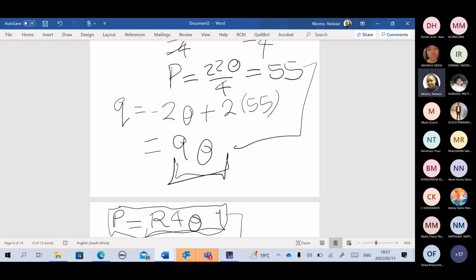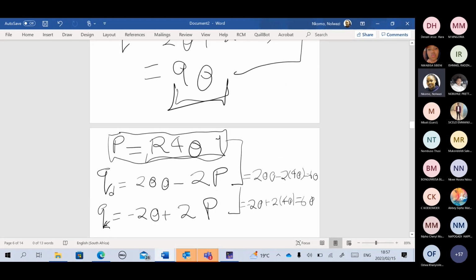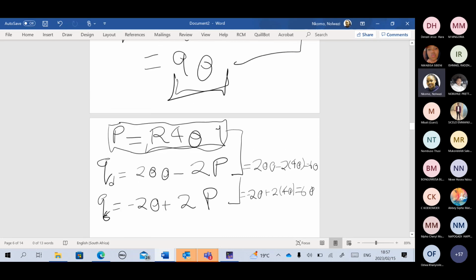But now the price ceiling was introduced, and the equilibrium price was reduced to 40 rand from 55 rand. And if this is the case, that means our quantity demanded is now 60, which is less than 90.